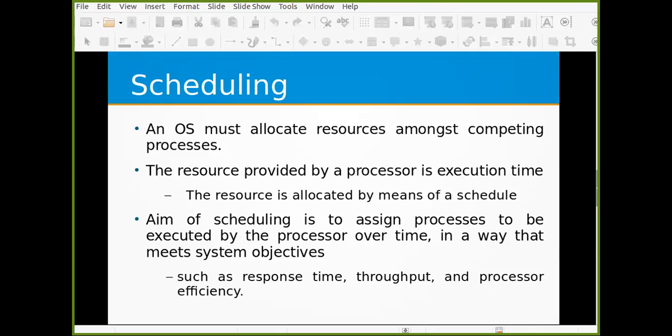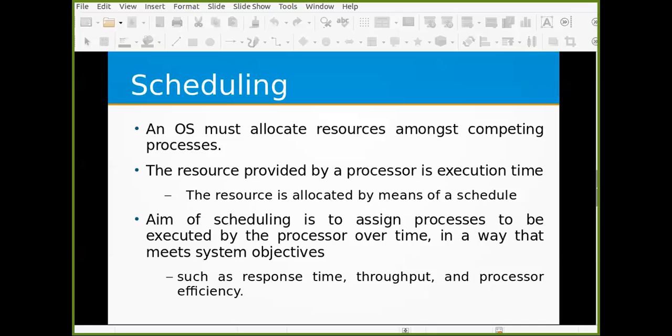Then there is throughput. What is throughput? Now, in general, what is throughput? Any idea? Throughput is, in general, a rate of job completion. So here process is a job. Every process is one job.